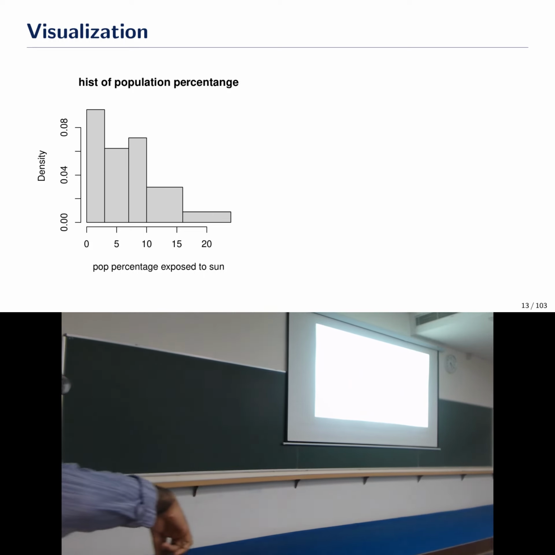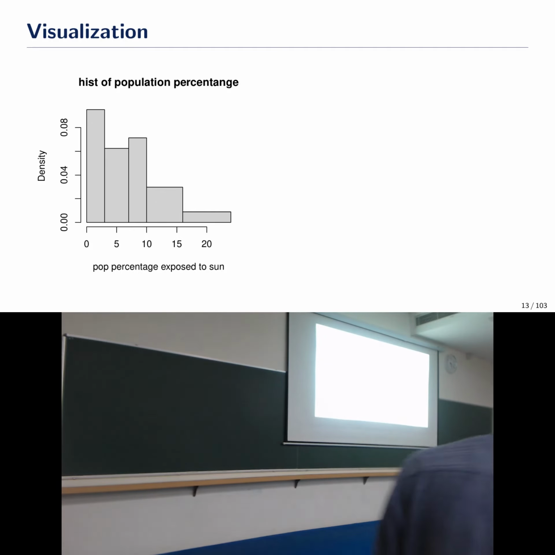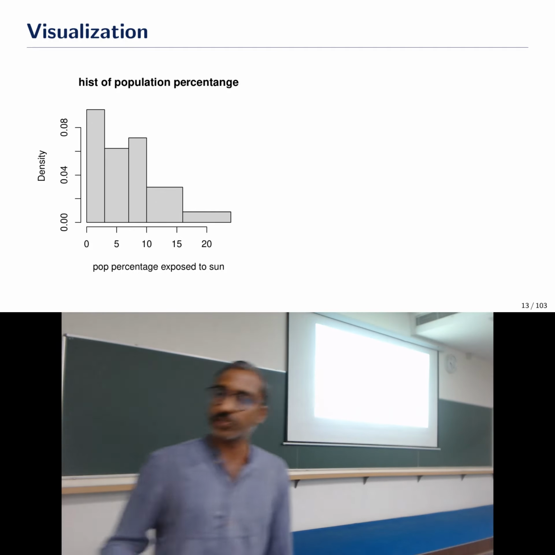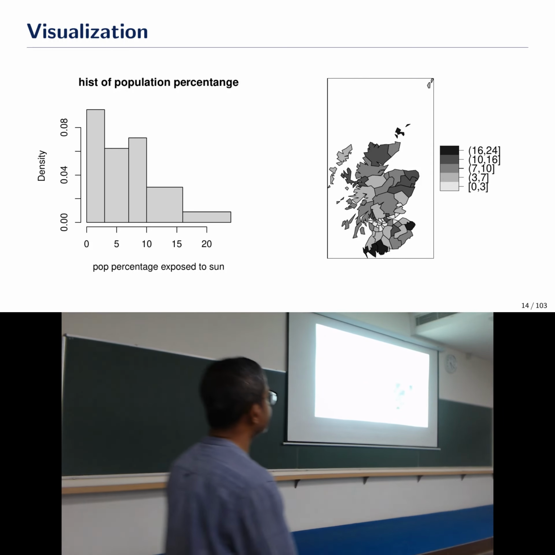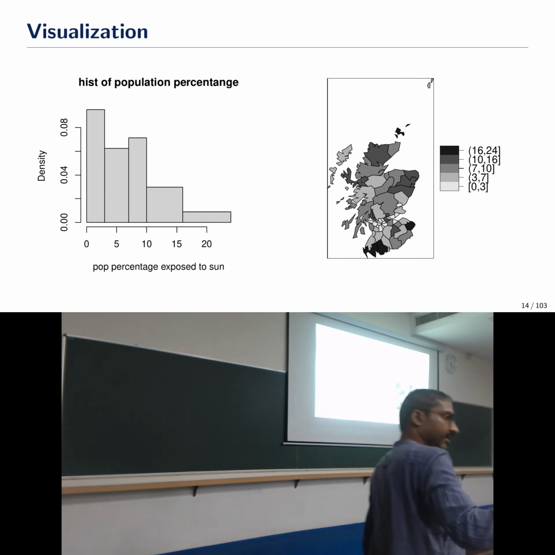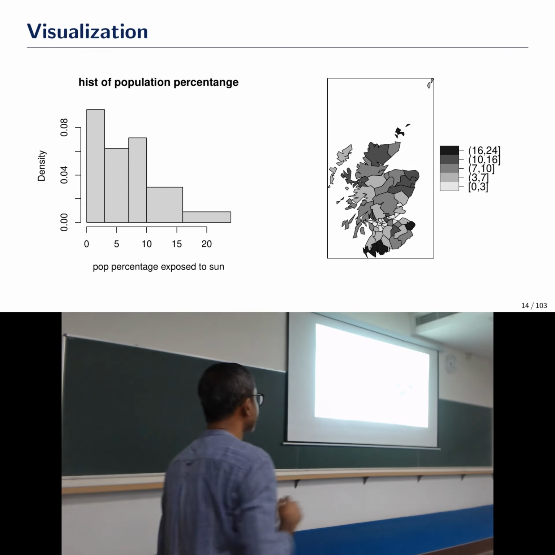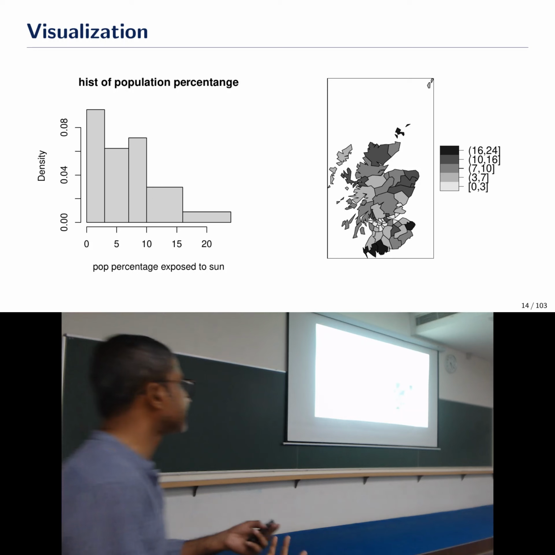But since I had just learned about spatial structure and spatial maps, let's do that here as well. This is the corresponding spatial structure of Scotland with 56 counties, and this is the spatial distribution of the data set, which gives us some idea about these particular counties. Okay, fine. So what is the big deal?